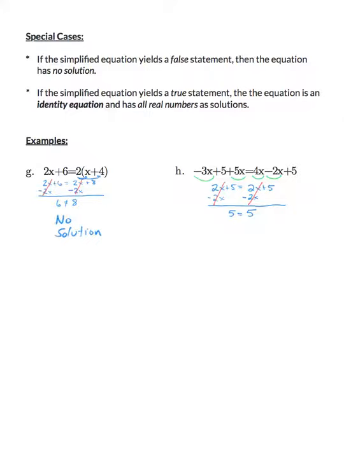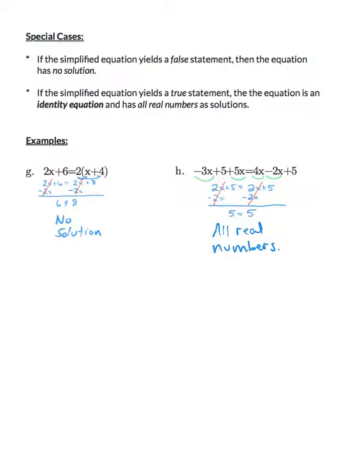What this results in is, if the simplified equation yields a true statement, the equation is called an identity equation, and our solutions are all real numbers. The key thing to keep in mind here is all real numbers. There is an infinite number of solutions. Basically, what this means is you can pick any number that you want, and you will get a true statement.